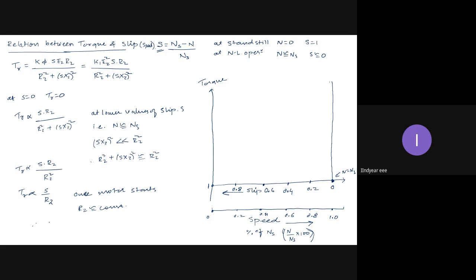Therefore, my running torque TR is directly proportional to slip S. Okay. So TR is directly proportional to slip S. And one thing we should remember, the torque should never be crossing the maximum torque line. So this is the maximum torque, T max.